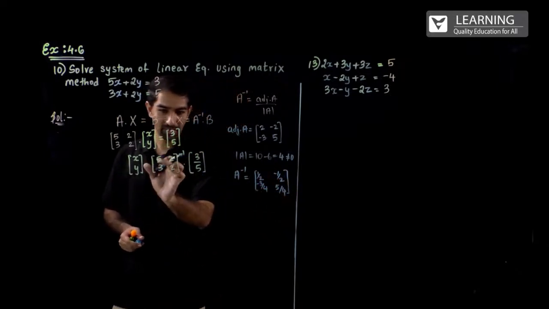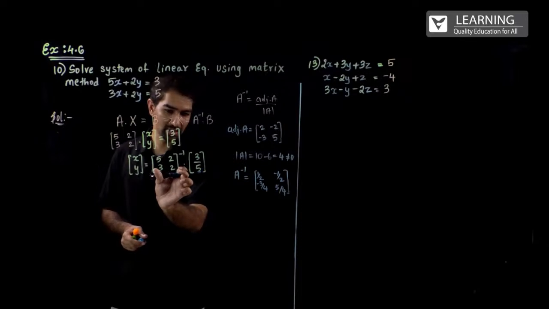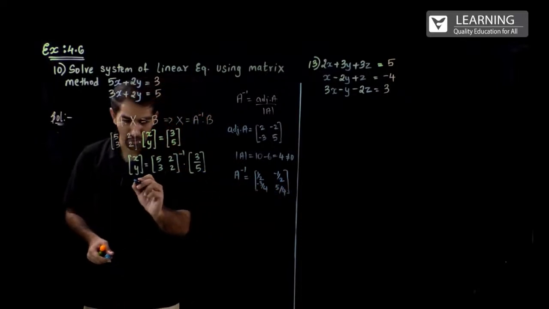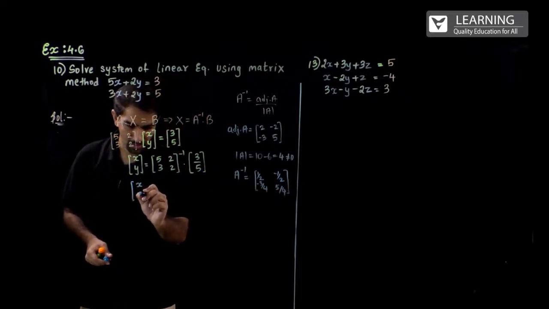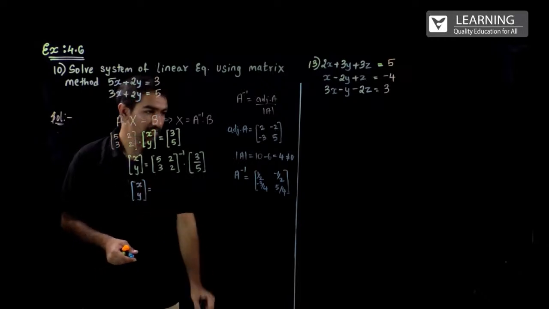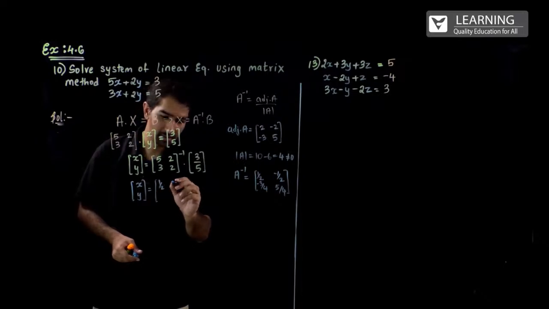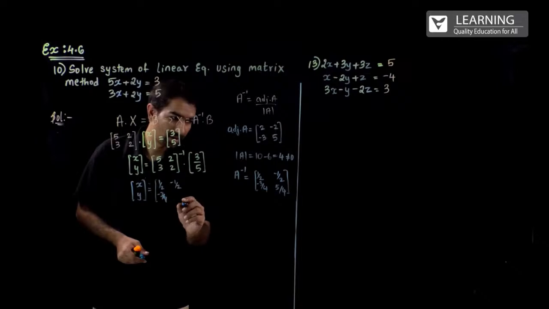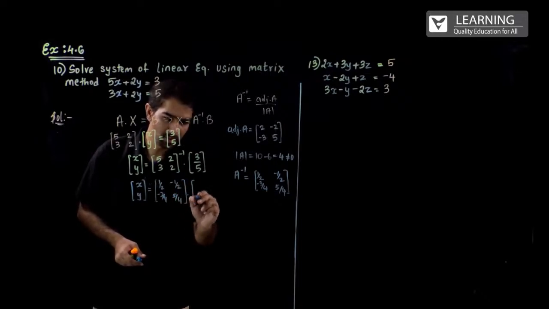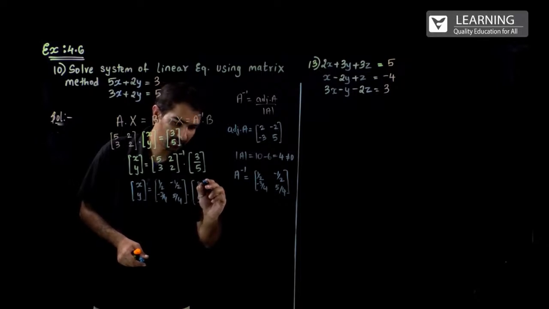What is this? This is our A inverse. Now in this place, so this is A inverse, right? So in this place you have to write this one. So again we'll write x y, which is equal to 1 by 2, minus 1 by 2, minus 3 by 4 and 5 by 4 into 3 and 5.